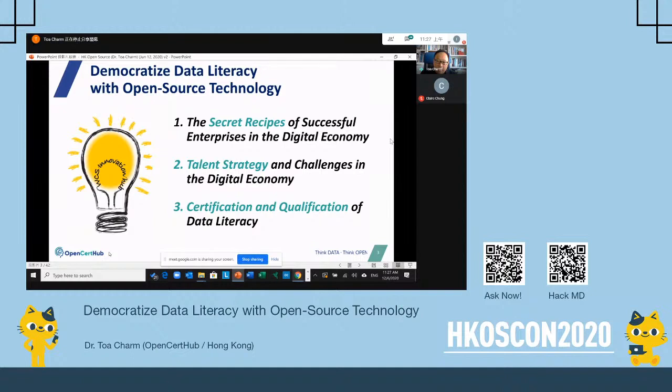It is sometimes very subjective and not data driven. So we need some sort of certification and qualification, with a standard for data literacy on either the employer side or the employee side. That is what OpenCertHub does, and we will talk about it in the last part of our presentation. Sounds good? All right, let's go ahead.